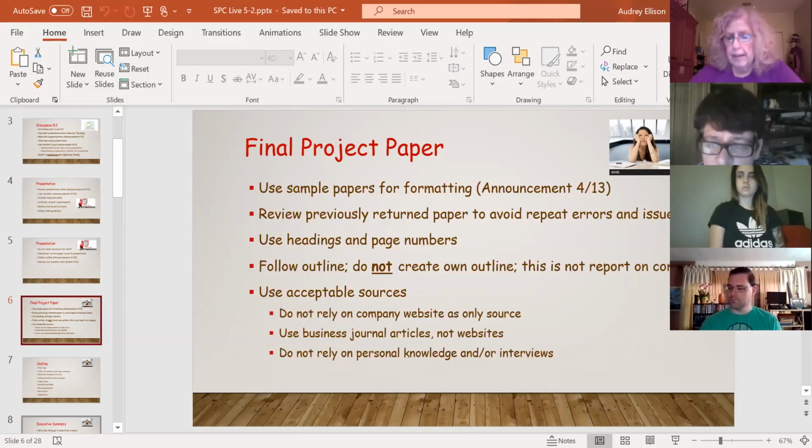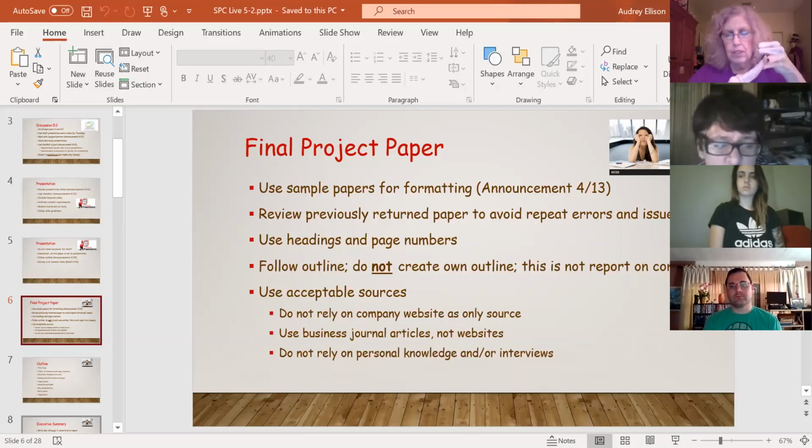You can go to the SPC library. You can even go to a journal website. For instance, if you go to Forbes.com, you might be able to find something on your company, or Fortune.com. There's much better things than Googling your topic, because if you Google, the things you come up with are purchase paper sites, which you can't use. What I call cheat sites.